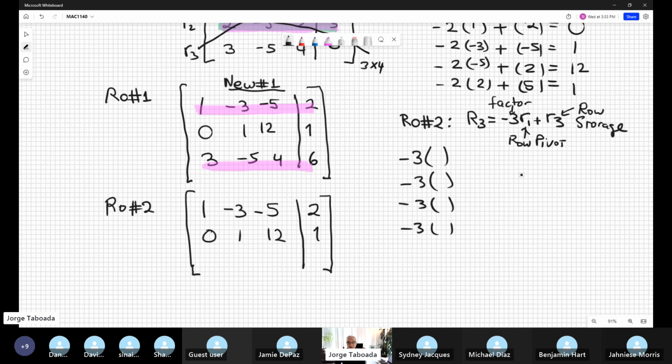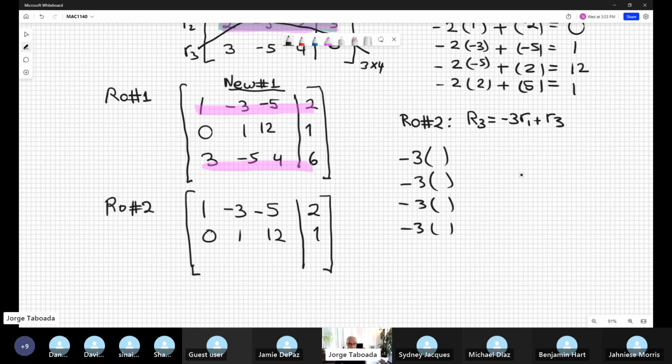This is my interpretation. We have 3 elements in the row operation: the factor, the row pivot, which in this case is row 1, and the row storage, which is row 3.